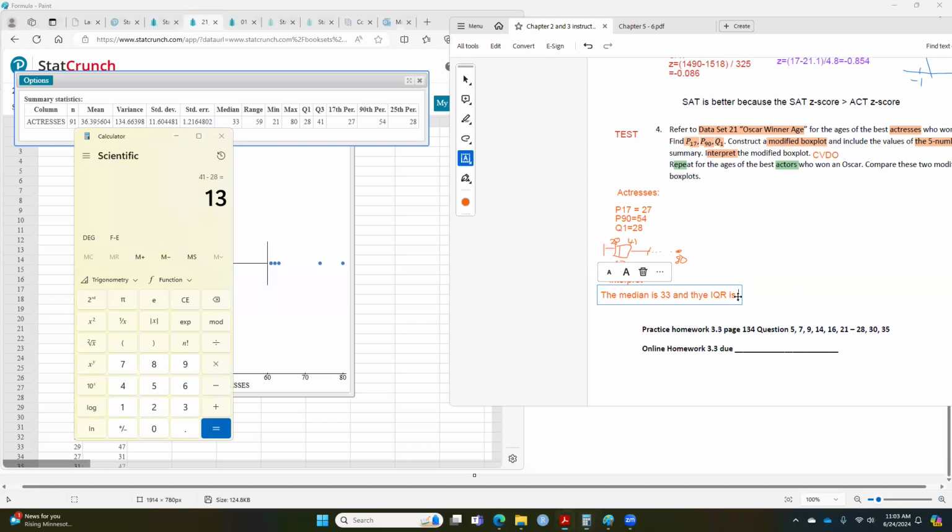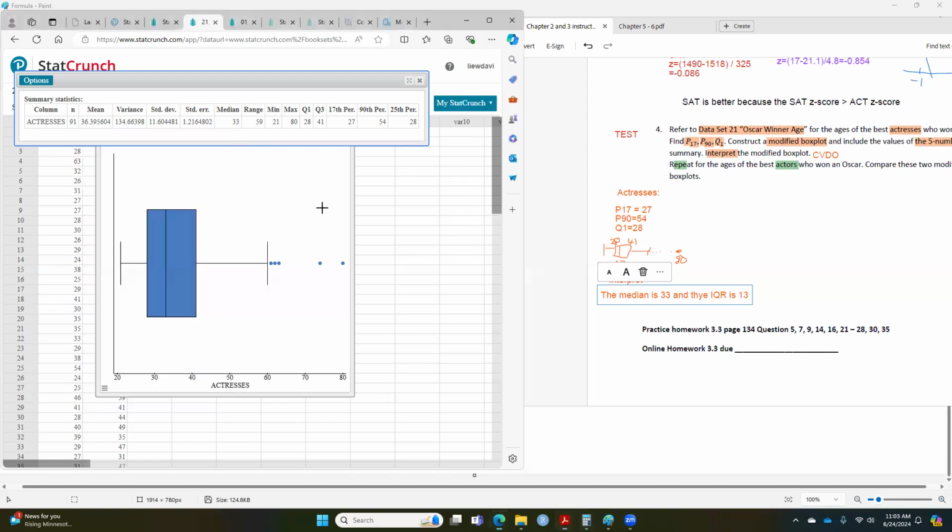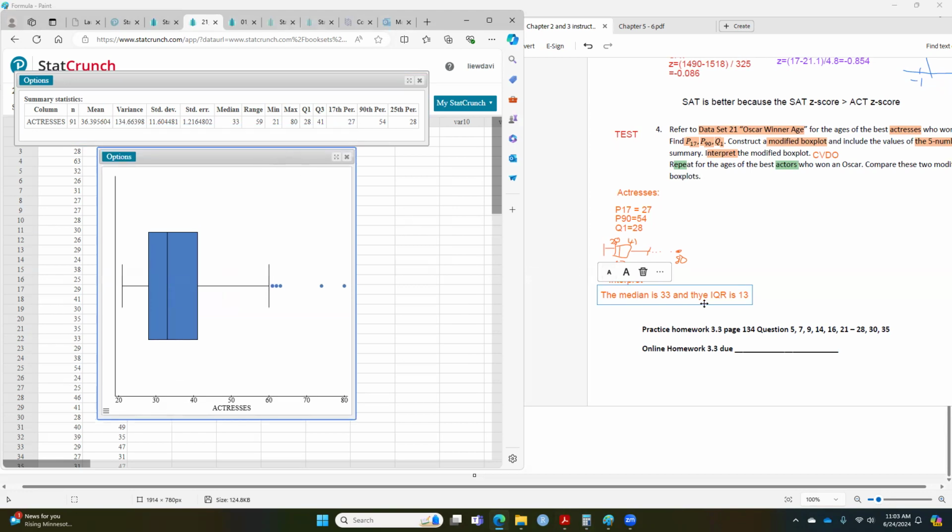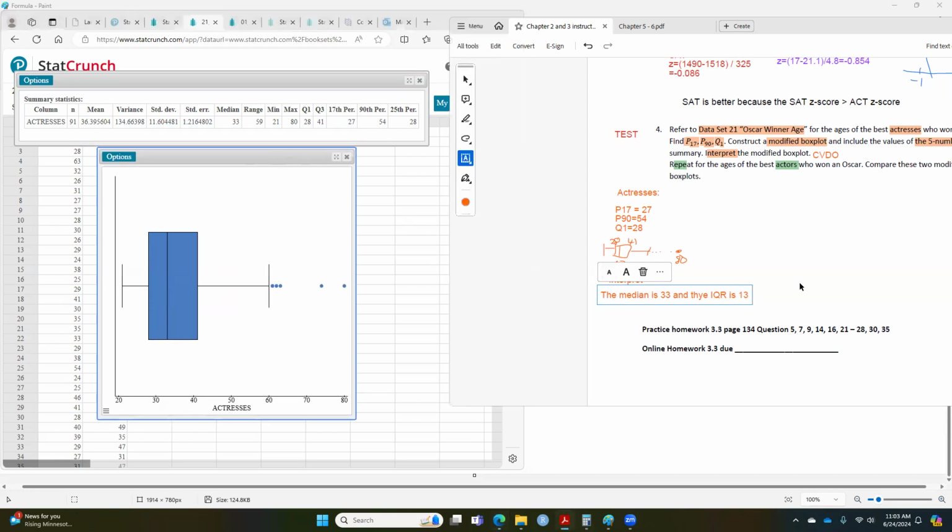Otherwise, you can hover your mouse over your box plot. They will give you the IQR right in that little yellow box, the third line, which is 13. So you can do it either way. So that is your C and your V. I just put it down here. This is your C, which is called the center. And the IQR is called the variation.